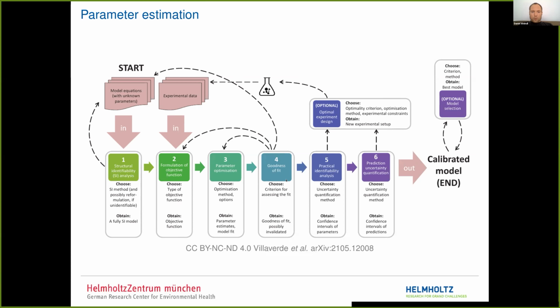We would look at the model fit, and afterwards we're usually interested in assessing parameter uncertainty and also prediction uncertainty. And afterwards we can do all kinds of analysis with this model. So there are a number of tools available helping us with all these steps here. Some tools focusing on individual steps, some tools covering a broad range here.